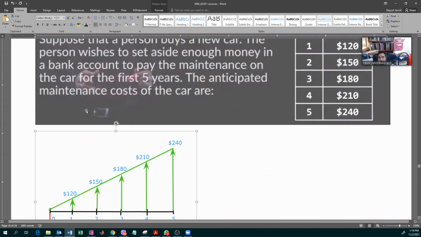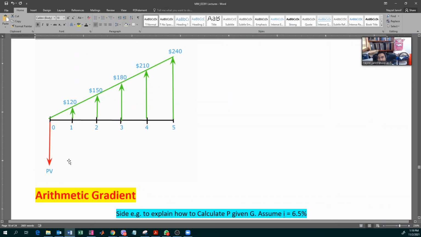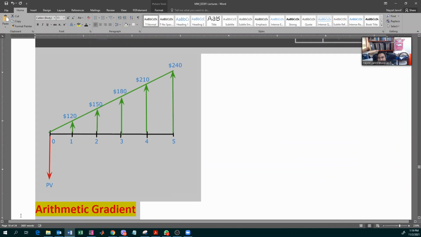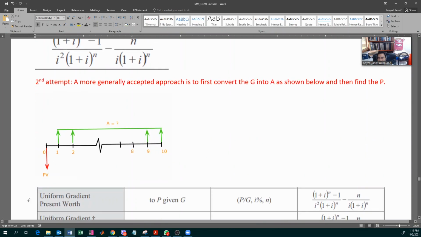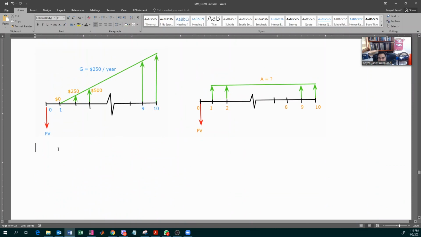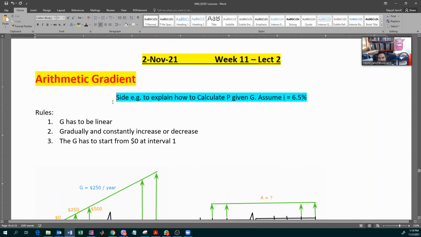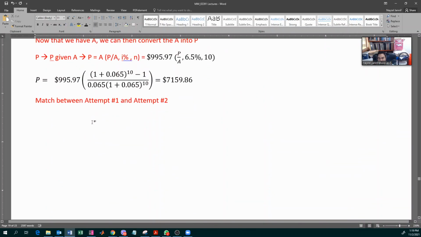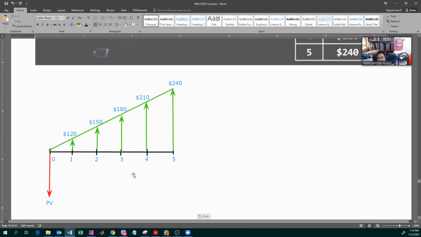Okay, now let's go ahead and do the question now, guys. Up till now, I was just showing you how to use the formula, but it's not easy. This question is complicated. Now, we had already drawn the cash flow diagram.